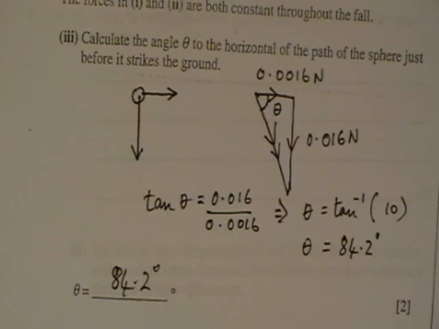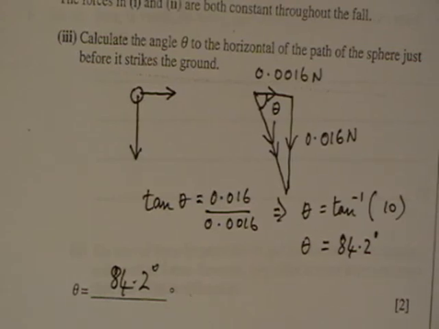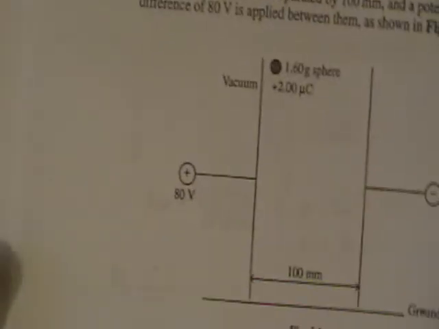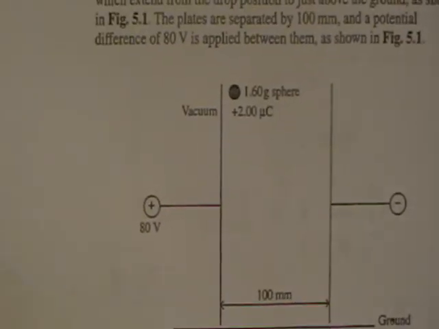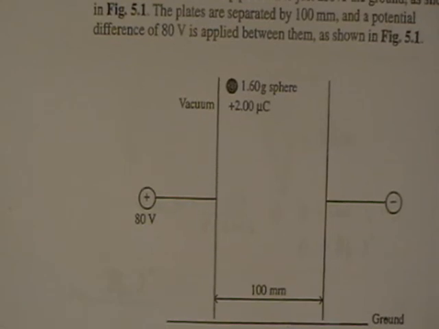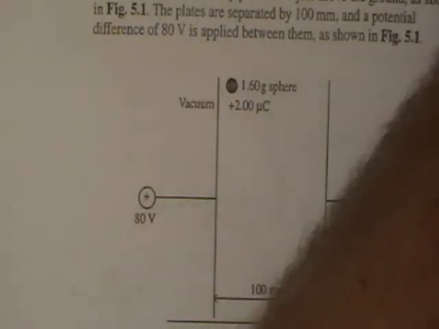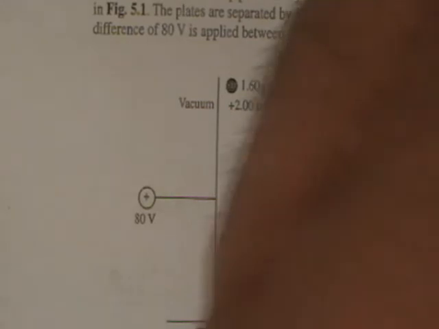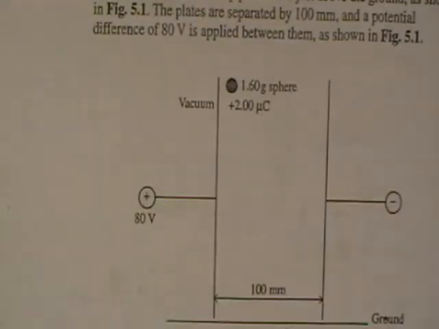Then we're asked to sketch the path of the sphere as it falls between the plates on the figure. So I need to go back to my diagram, and we need to ensure that it'll be a straight line. So I need a ruler to do that, if I can get my ruler out here. Okay.